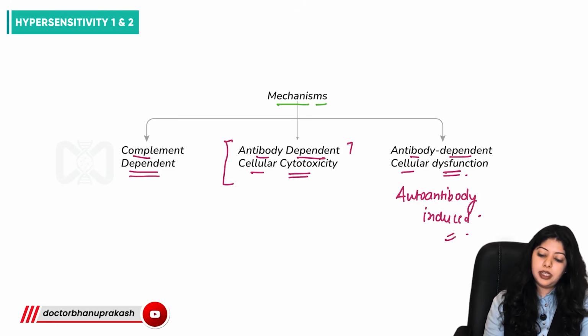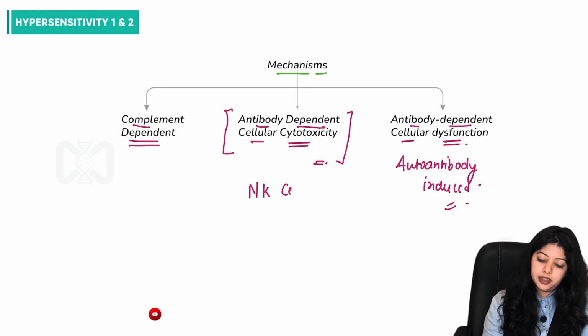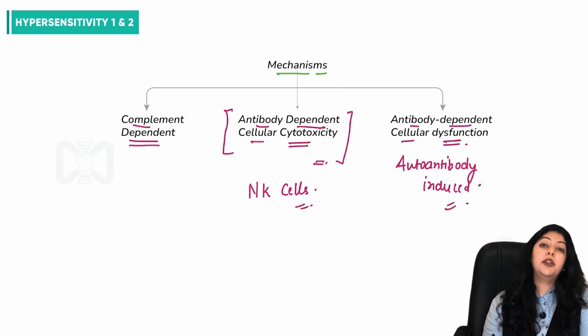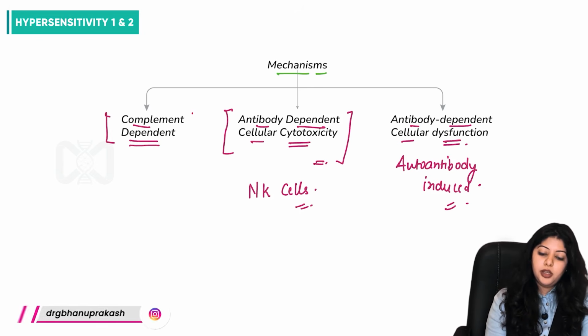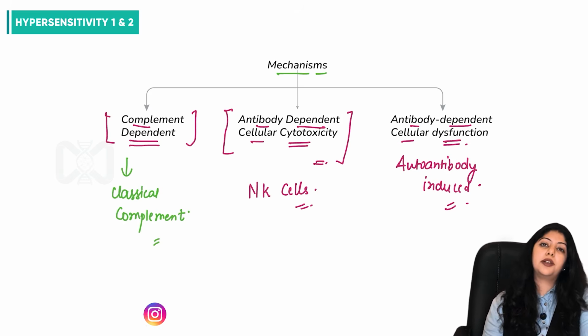In antibody dependent cellular cytotoxicity, the most important cell involved in this particular mechanism is going to be NK cells. And when we are talking about the complement dependent mechanism, it is the classical complement which is getting activated.